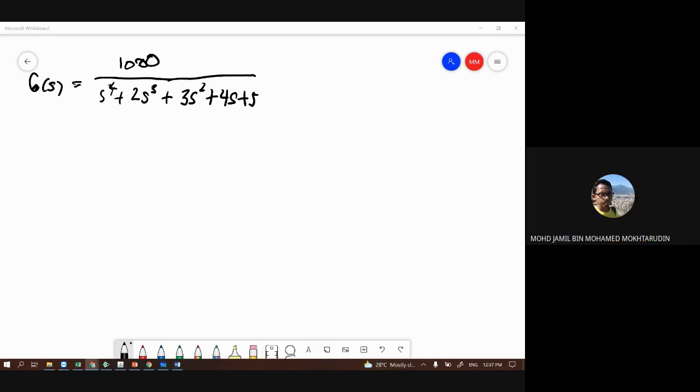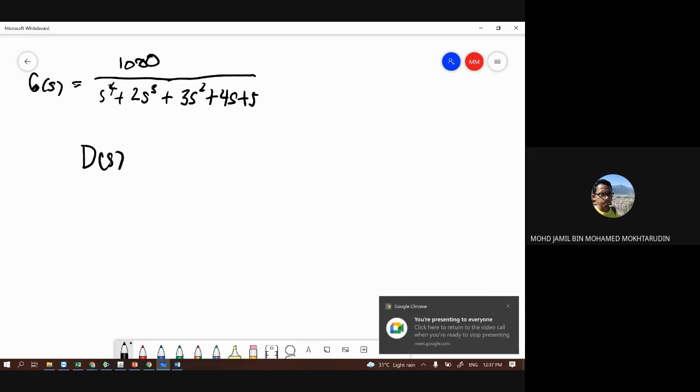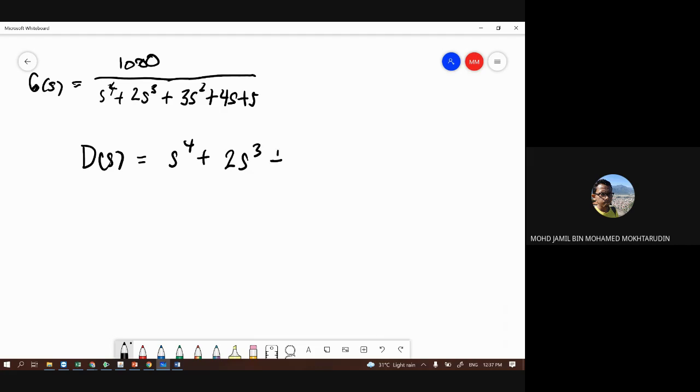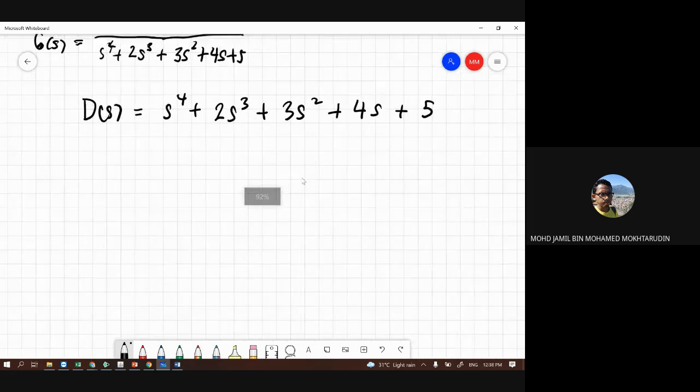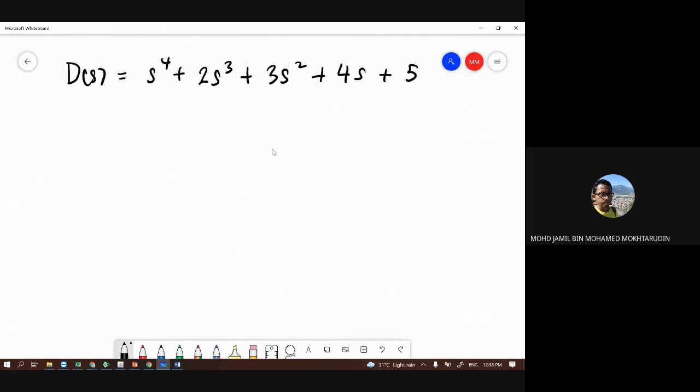Okay. So the denominator D(s) equals s to the power of 4 plus 2s cubed plus 3s squared plus 4s plus 5. Here your denominator has highest power equal to 4.